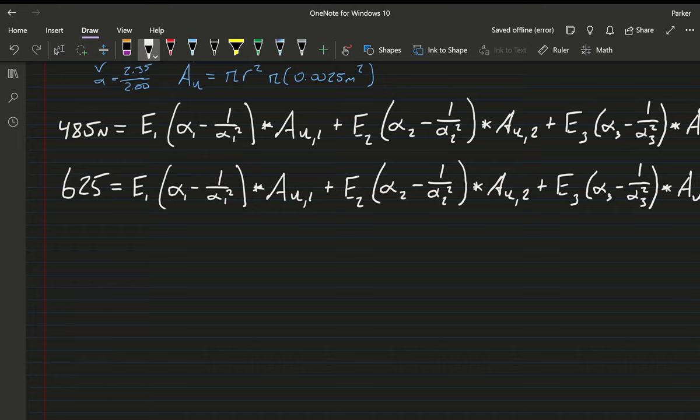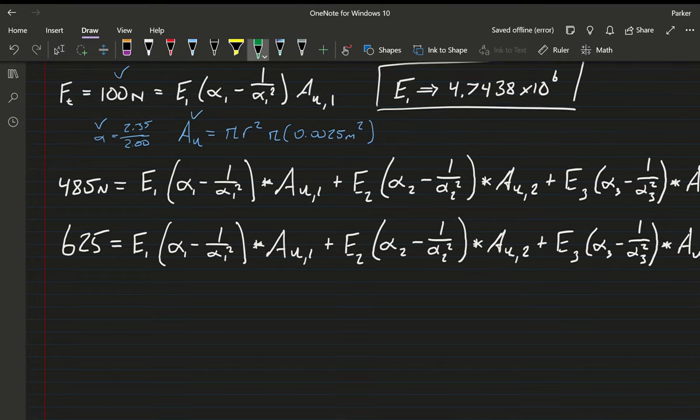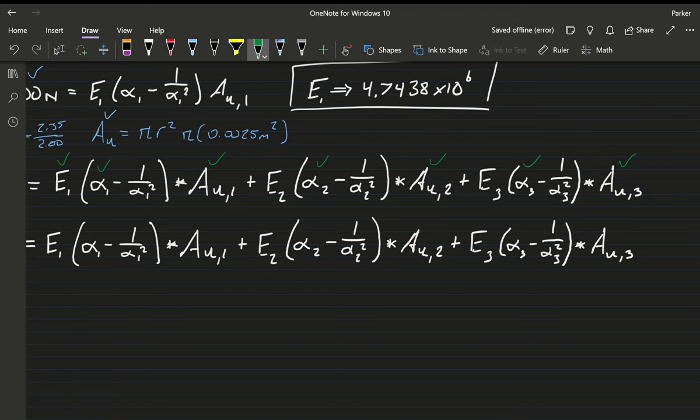So those are a series of equations, because we know E1, we know the alphas, and all of the cross-sectional areas.